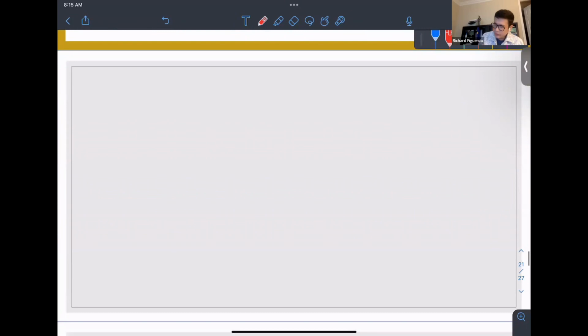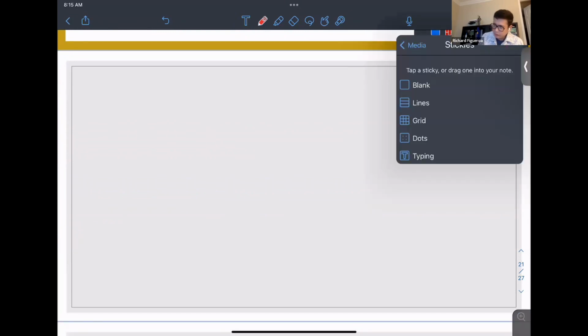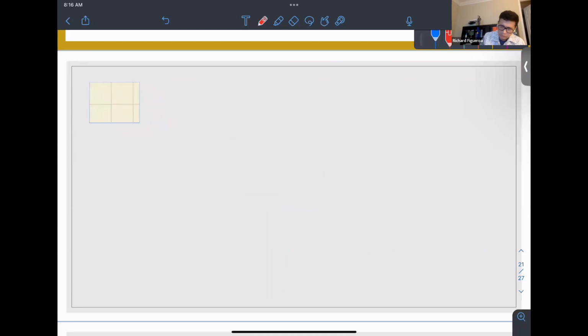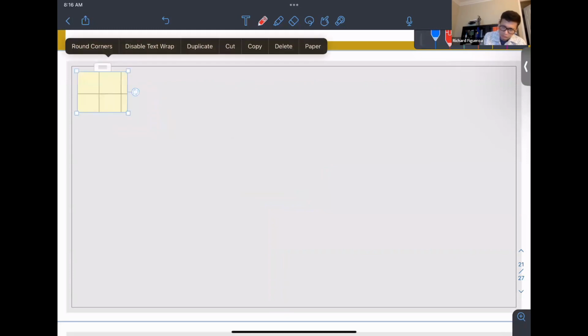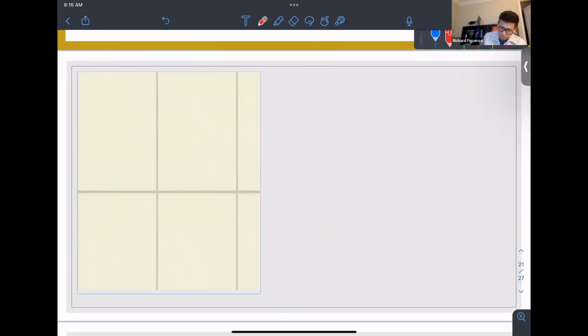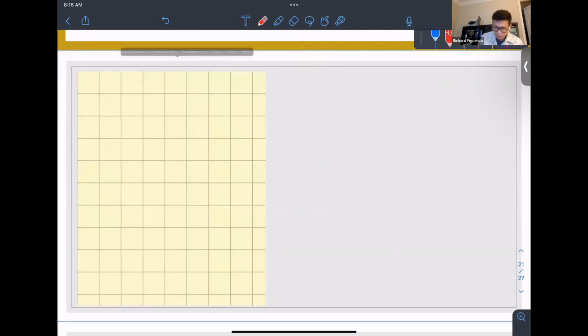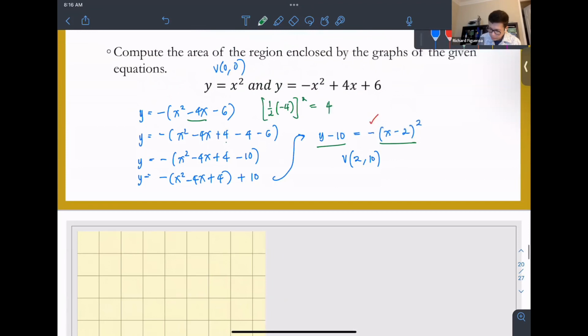So let's graph this one. What's the vertex? 2 and 10.